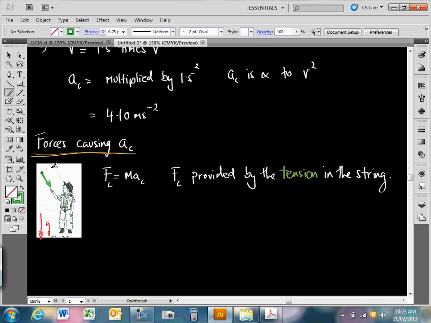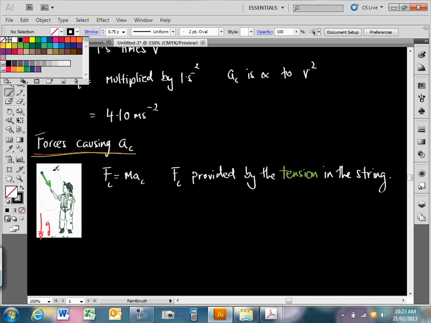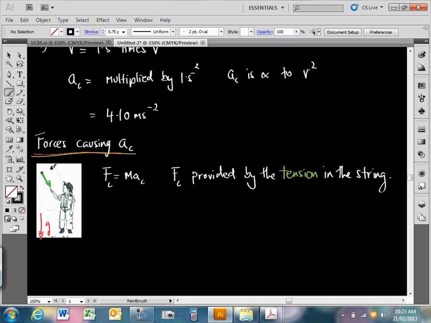At the top of the ball's path, that centripetal acceleration is working with G, and at the bottom of the ball's path, it's working against G. Can you see that? If he's got it at a really high speed, it's not going to matter. You're not going to see any change in the path of the ball as it moves around this circular arc.